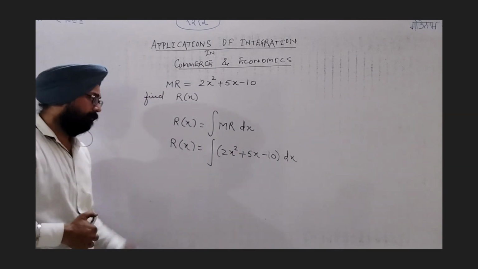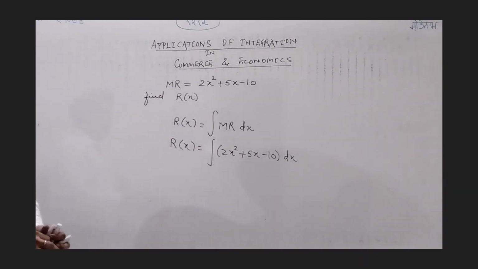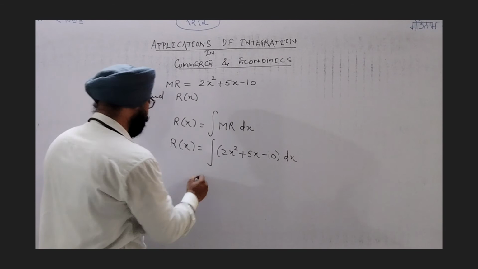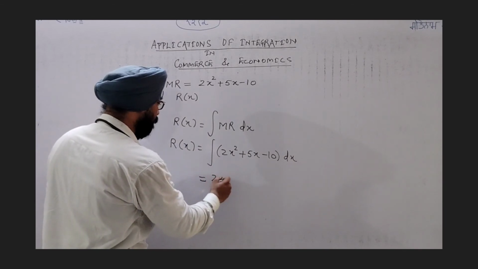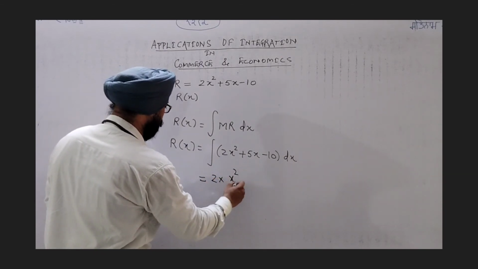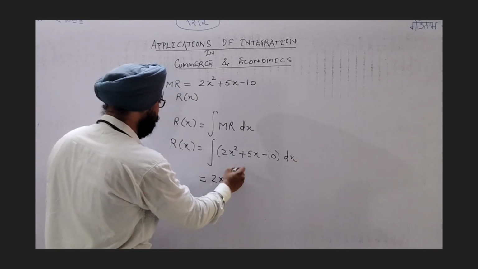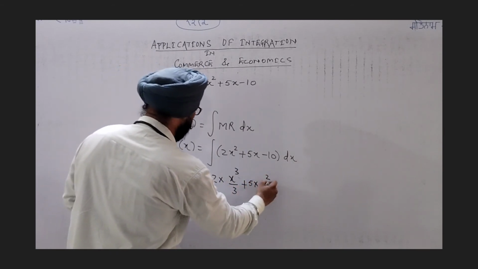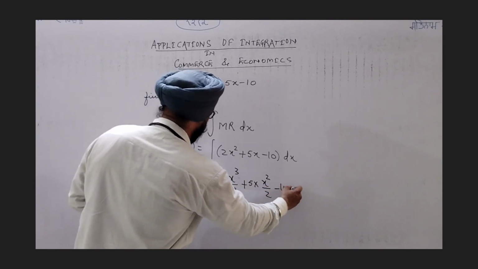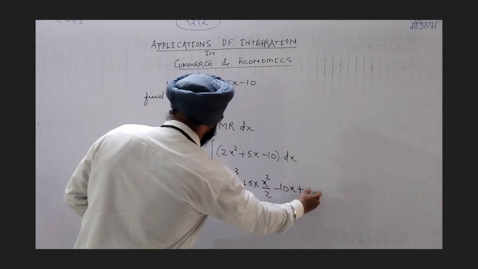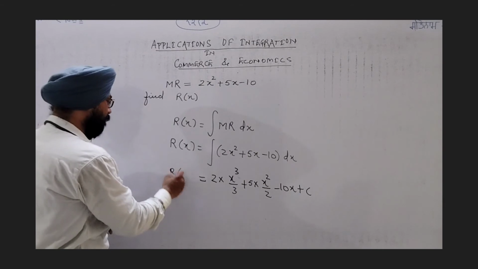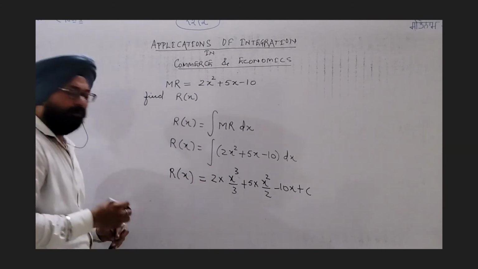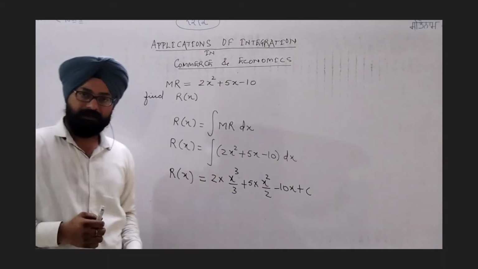Let's initiate this integration. Here it is 2 into the integration of x square, which is x cube by 3, plus 5 into x square by 2, minus 10x plus c. Yeah, we have got Rx and we can see no cancellation is possible in these terms.